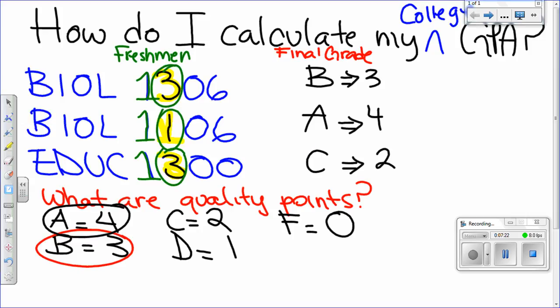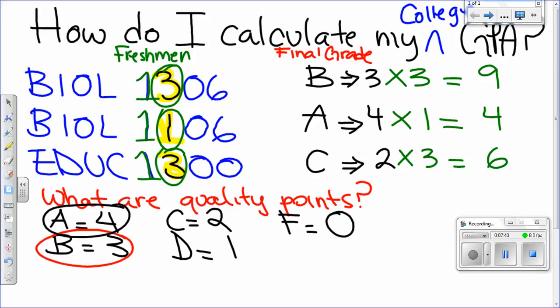So here what I'm going to do is multiply: biology lecture was worth 3 credit hours, biology lab was worth 1 credit hour, and education 1300 was worth 3 credit hours. So if we multiply those numbers, we will get 9, 4, and 6. So we're going to add those numbers, and we will obtain 19.